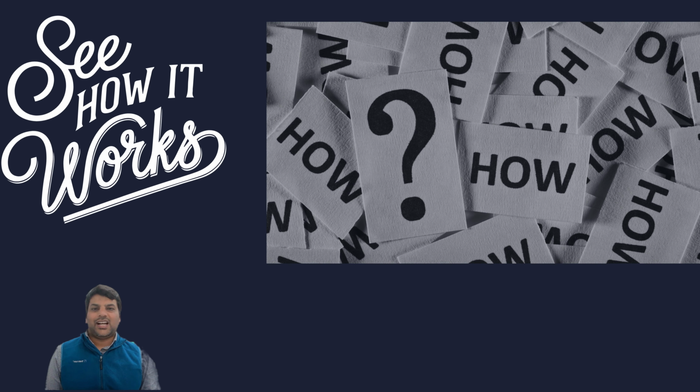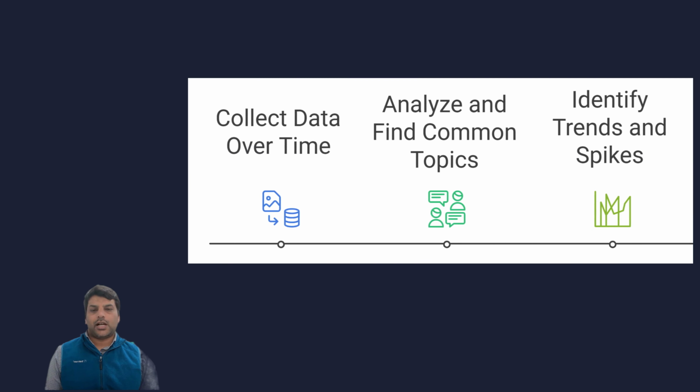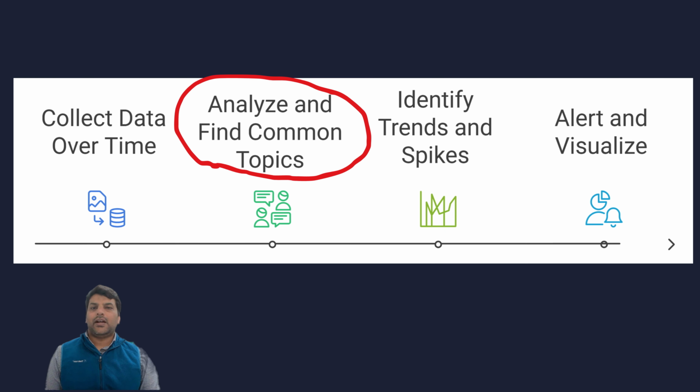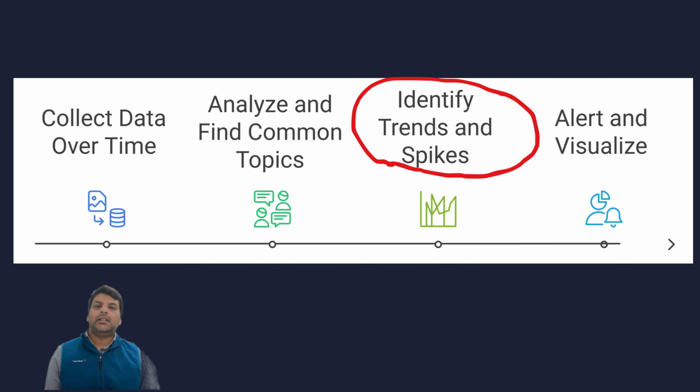So let's check how it works internally. The first thing is to collect data over time, from social media, customer reviews and news. The second step is to analyze and find common topics. For example, use algorithms to group similar conversations, like battery issues or pumpkin spice mentions, or cluster similar topics together. The third thing is to identify trends and spikes from those topics.